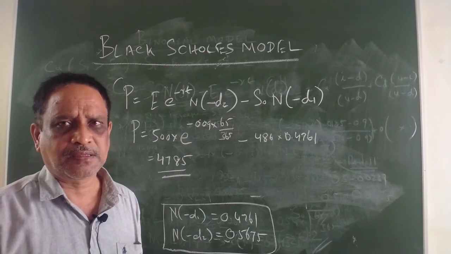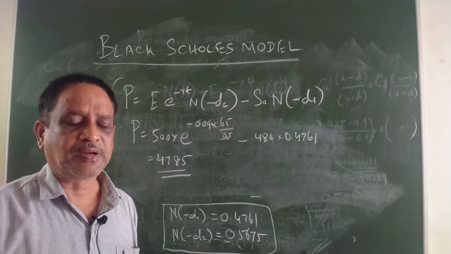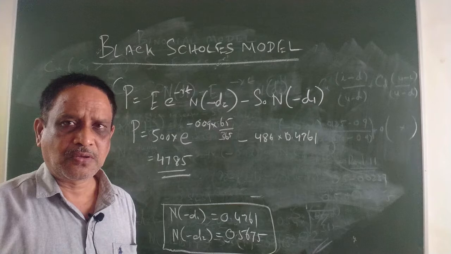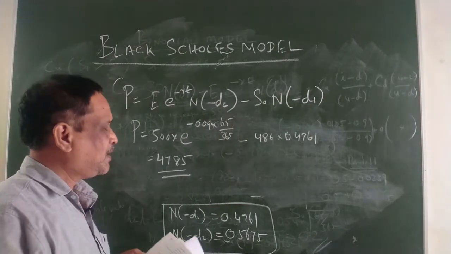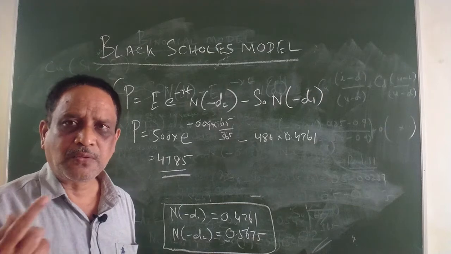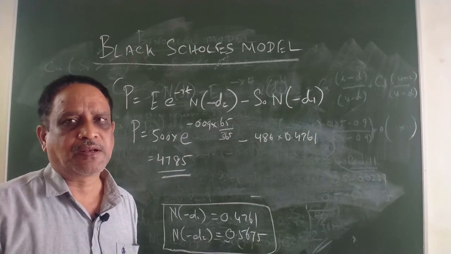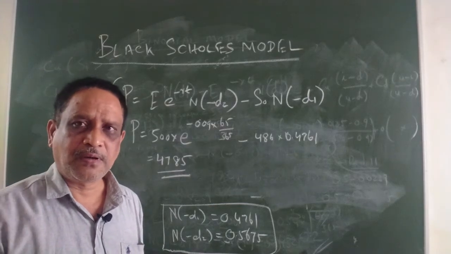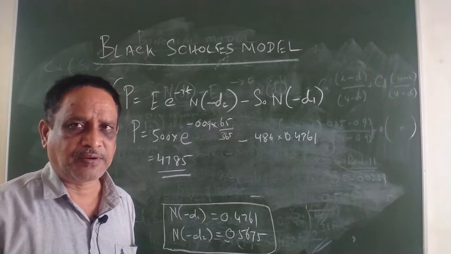The most important thing is the calculation of the normal distribution value, which is the difficult part. There also you find the table value. If D1 is plus, you add 0.5 to the value. If D1 is minus, you deduct the value from 0.5.